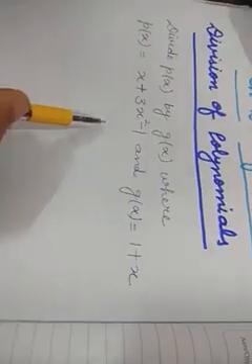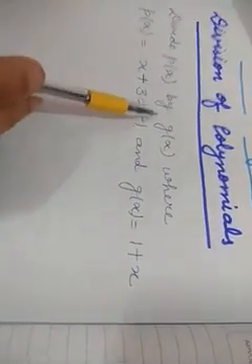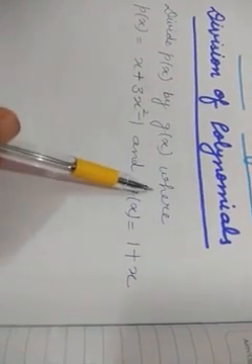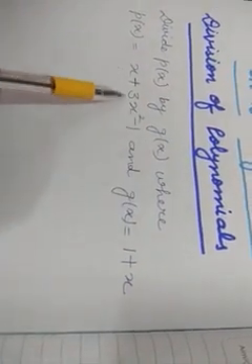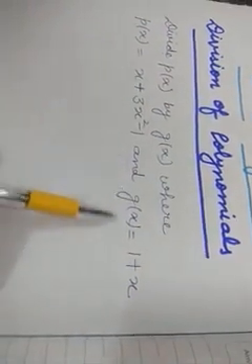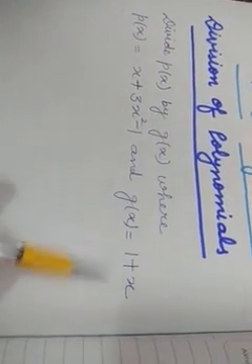That is long division of polynomials. So let me explain how we will divide one polynomial by another polynomial. Now we were taking this example: divide px by gx, where px is x plus 3x square minus 1 and gx is 1 plus x.